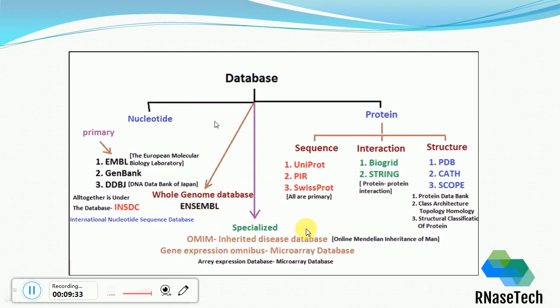Another is specialized databases, which are OMIM, an inherited disease database, and Gene Expression Omnibus, a microarray database. So basically there are a variety of databases, but the basic ones are primary and secondary databases. Nucleotides have only primary databases, and proteins have both primary and secondary databases.